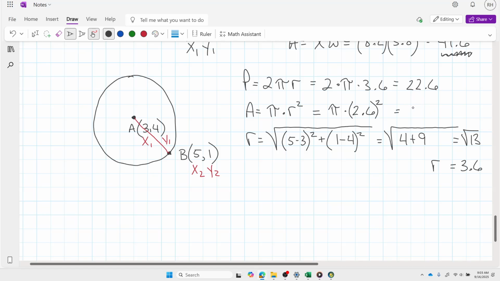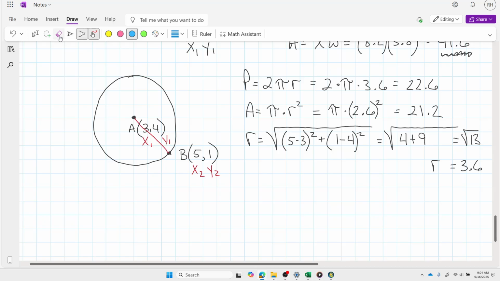Anybody? Hit equals. 21.2. Type it in again if you didn't get 21.2, please. 2.6 x squared. 3.6. Oh, man. All right, sorry.